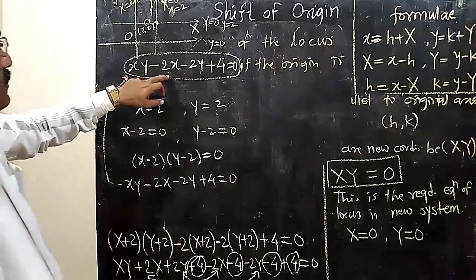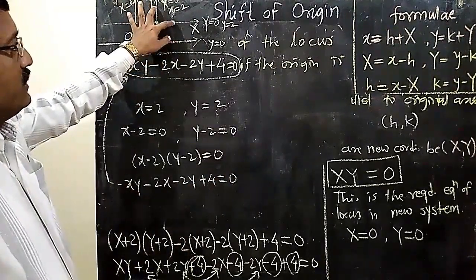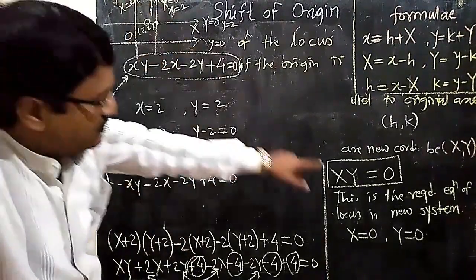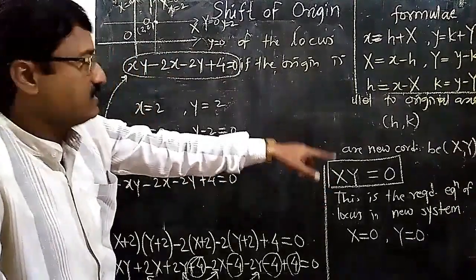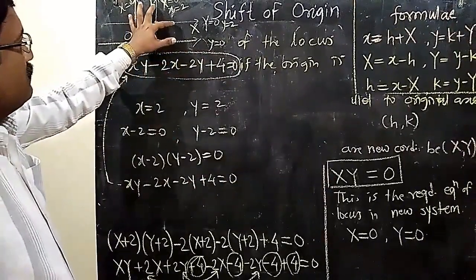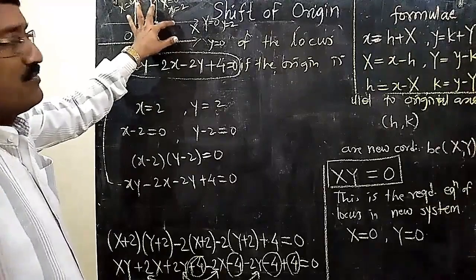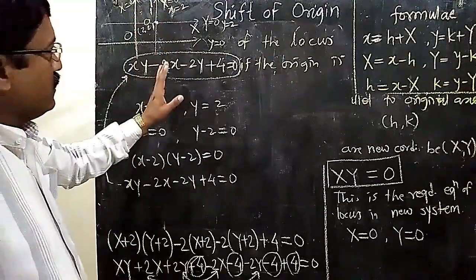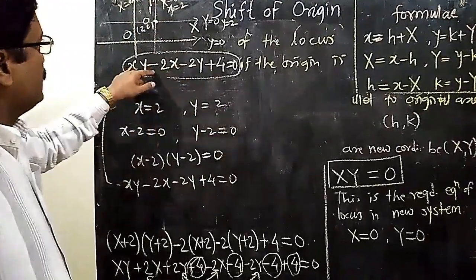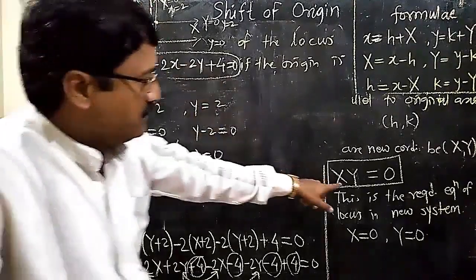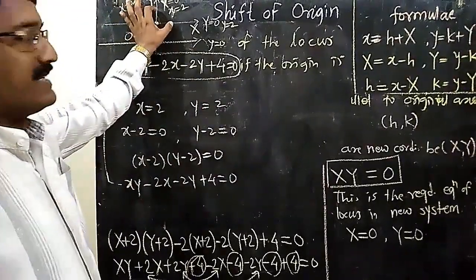So this is the equation of these two lines in old system, and capital XY = 0 is the combined equation of the same two lines which are the axes of new system. So here locus is not changed. This equation represents these two lines, this equation also represents the same two lines.